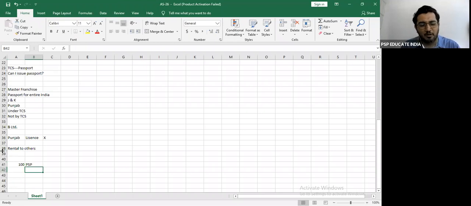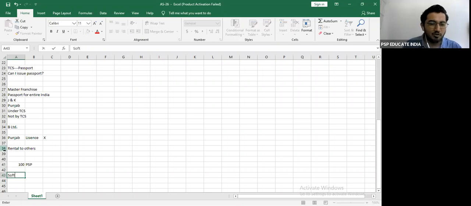Who has received the material, who has not received the material, who has appeared for the test, who has not appeared for the test, who has scored how many marks in the test. It is also very difficult to understand who has paid how much amount of fees. So what we do is we buy a software that will manage all information of the students.